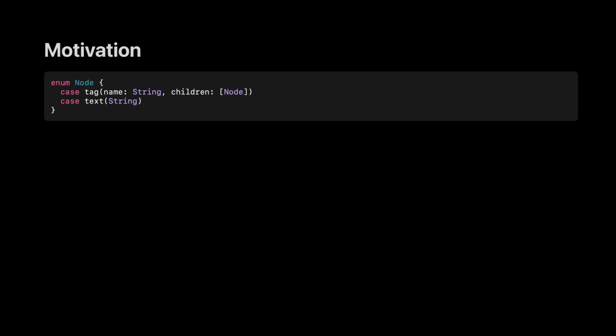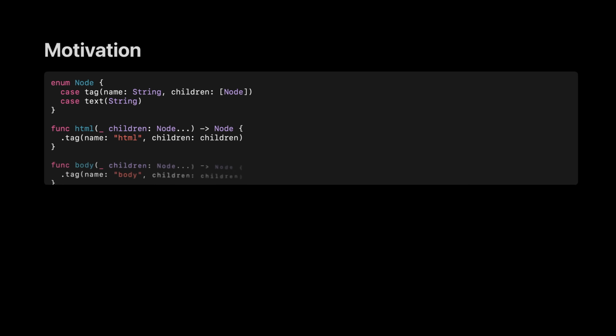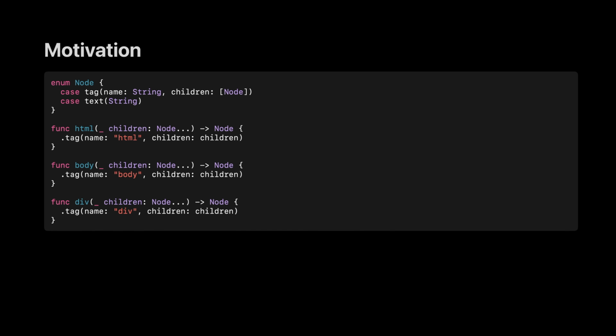And then we're probably going to want to make some nice higher-level convenience constructors like HTML and body and div. And they're all basically the same format here. They wrap tag, but they hard-code in the name, and then they also accept a variadic parameter list of children, so you don't have to open and close your array. That'll make it nice.